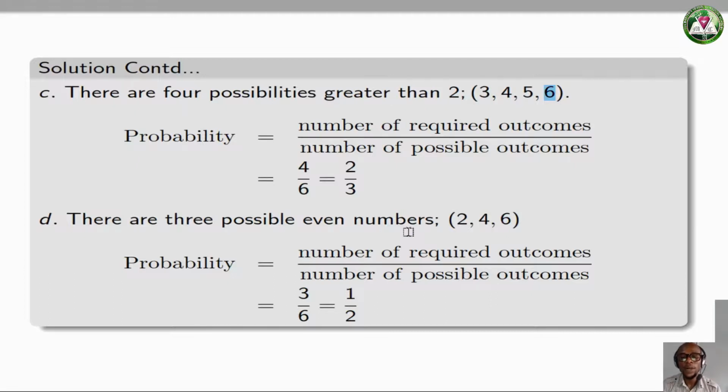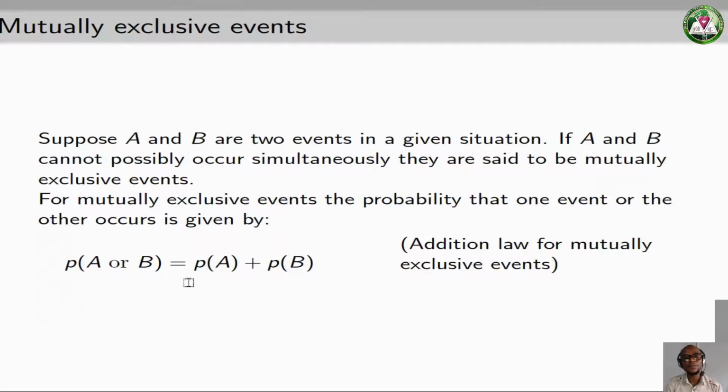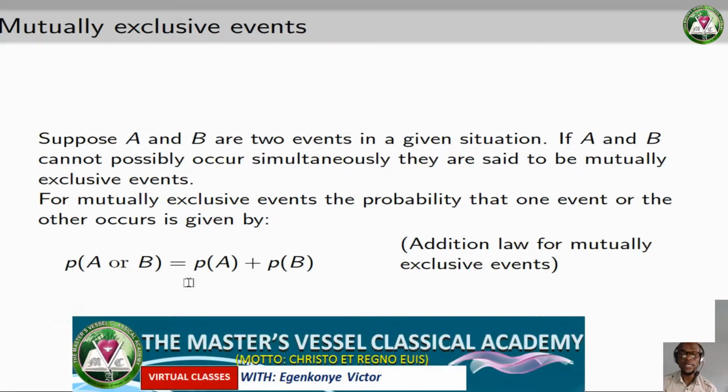Then the total number of possible outcomes is 6, just from our sample space. So the probability of Jessica throwing an even number is 3/6, which is reduced to 1/2, or can be written as 0.5.